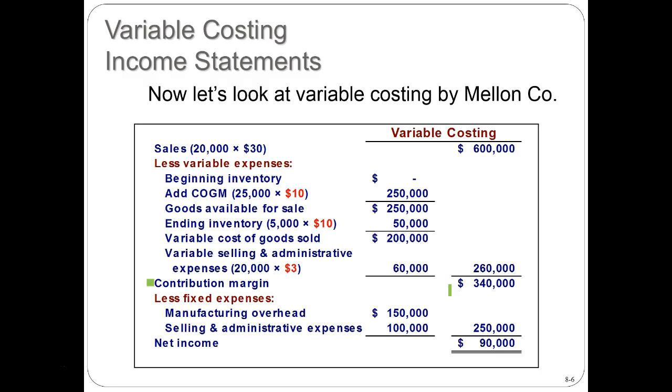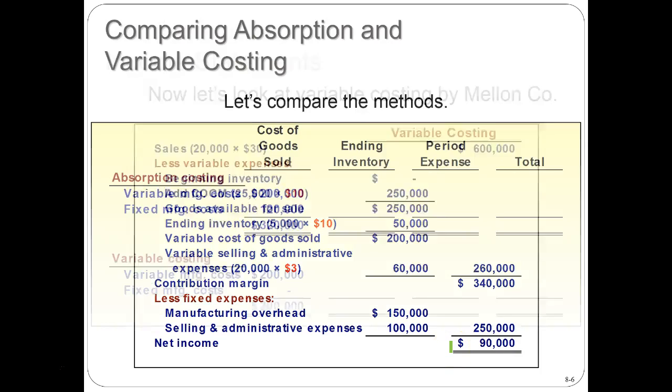So our contribution margin is 340,000. Then we're going to take out the fixed costs, both the manufacturing overhead as well as the selling and administrative costs. Those add up to 290,000. Therefore, we have the 340 minus the 250 gives us our 90 net income.